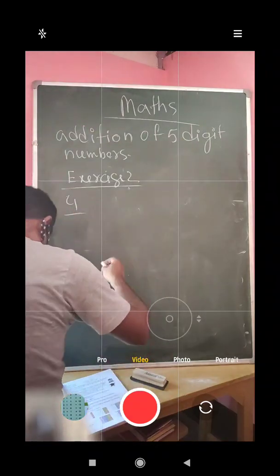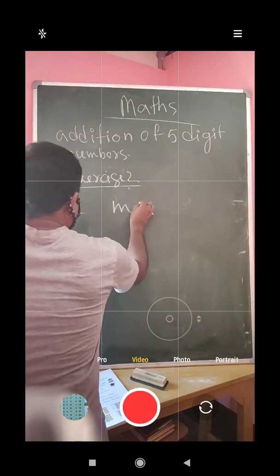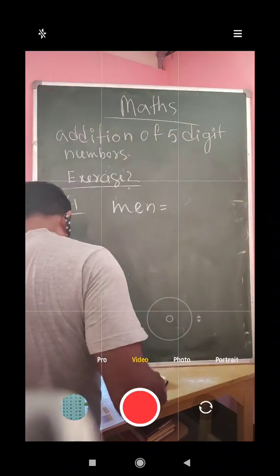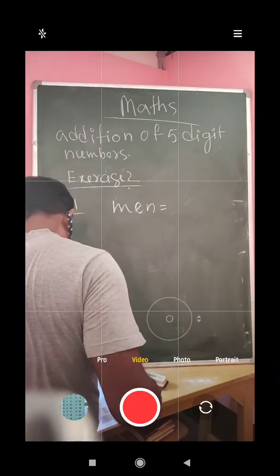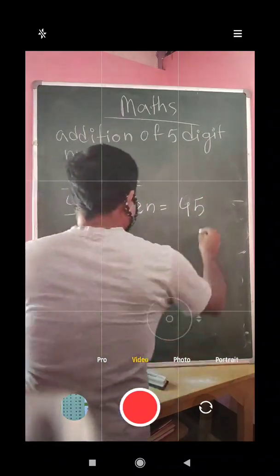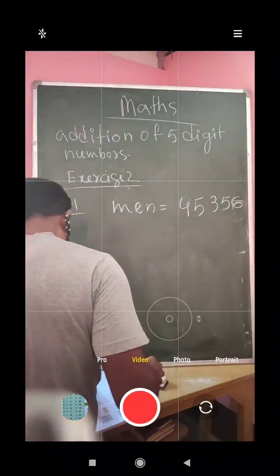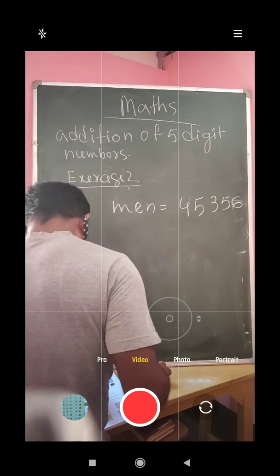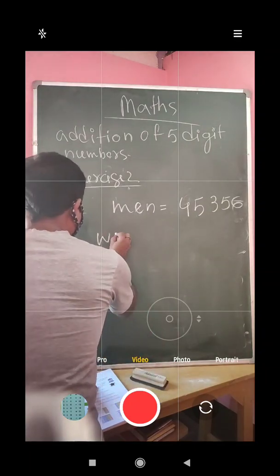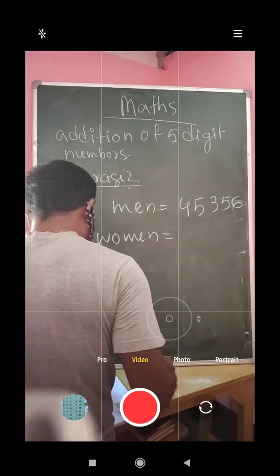So we'll have to write man, how much? 45,356. Woman equals 2879.